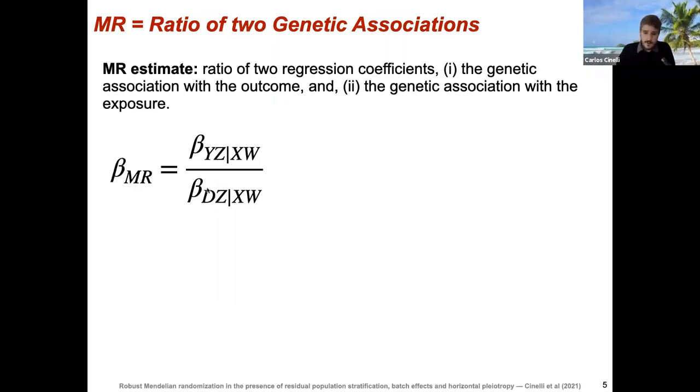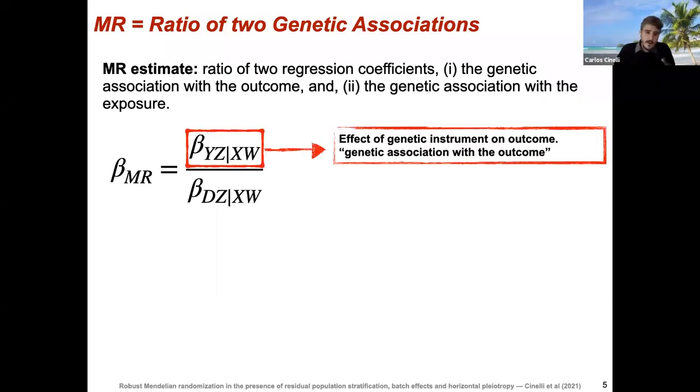Adjusting for both the observed covariates X and these hypothetical unobserved covariates W that would be sufficient to make our polygenic risk score a valid instrumental variable. Usually in the MR literature, they call this the genetic association with the outcome, and this the genetic association with the exposure.